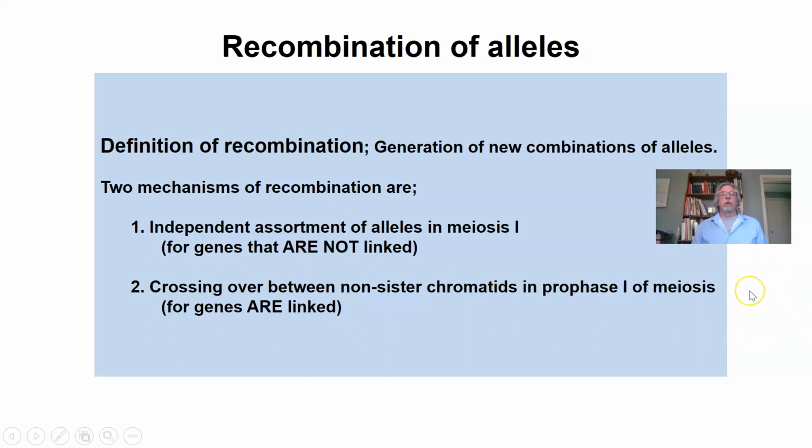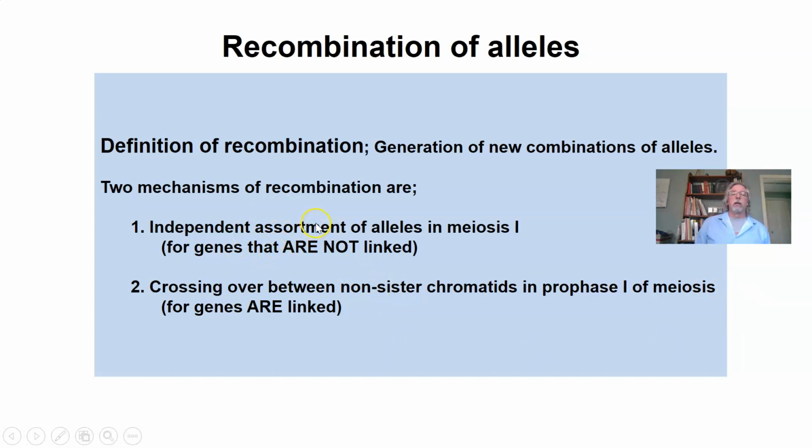So before we get into it, just a quick definition of recombination. In this video, we're going to be focusing on recombination by crossing over for linked genes. But I wanted to remind you that recombination, formation of new combinations of alleles, can come about in two ways. One is for unlinked genes.